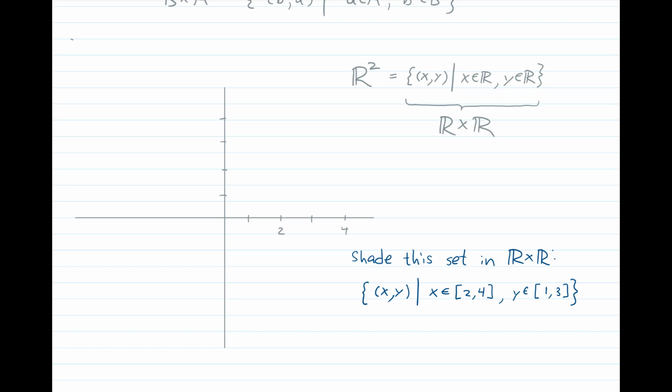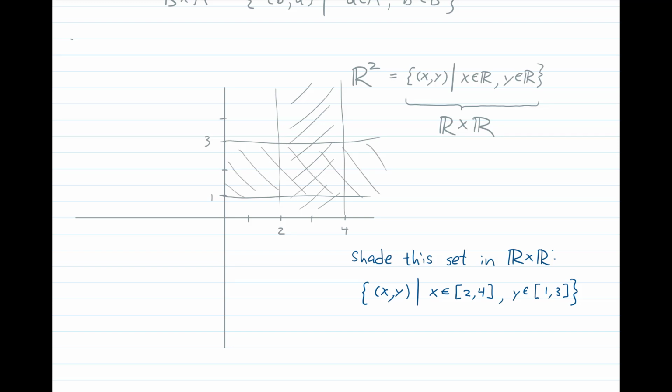So that means in between there. But also there's a restriction on y. y is between or equal to 1 and 3. So what do we get when we put those together? We get a rectangle, don't we? Which is actually a square.